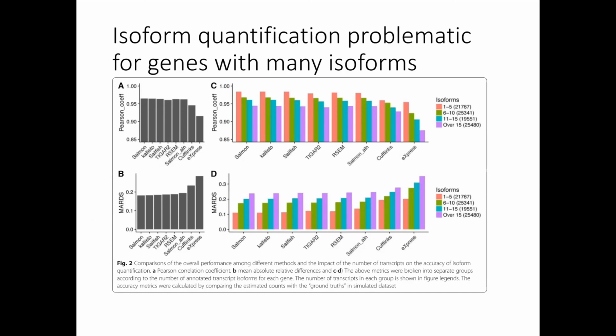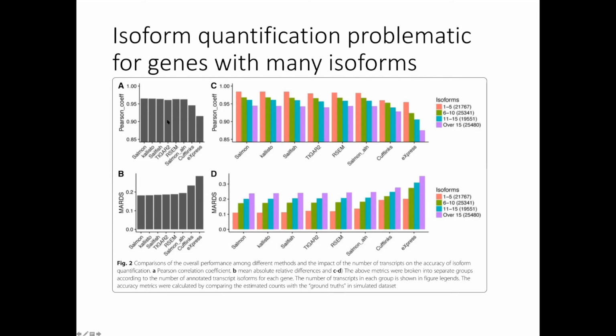So basically, they knew what the reads were coming from before, and then they were checking how many of these reads are actually assigned to the same transcript that they were coming from at the start. And you can see that they are behaving equally well. If there are any of these you shouldn't use, it's Cufflinks and eXpress, which seem to be behaving a bit worse.